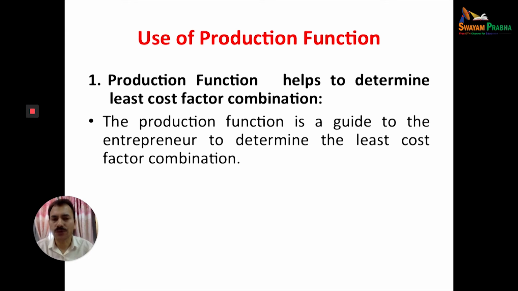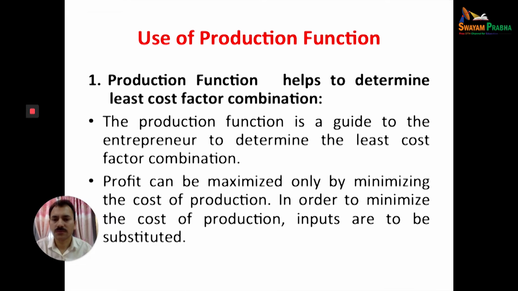So how can profit be maximized? By minimizing the cost. So the production function is a guide to the entrepreneur, to the organization, to determine the least cost combination of factors. Profit can be maximized only by minimizing the cost of production.